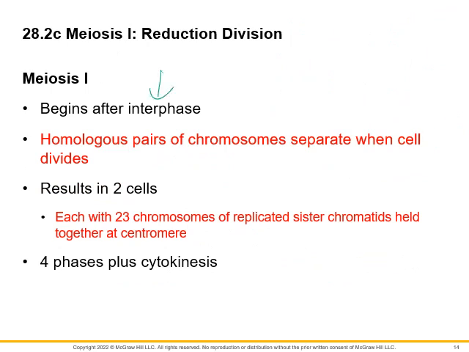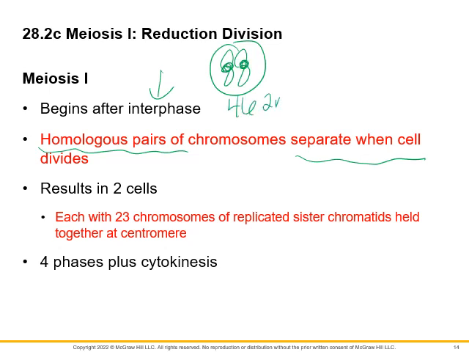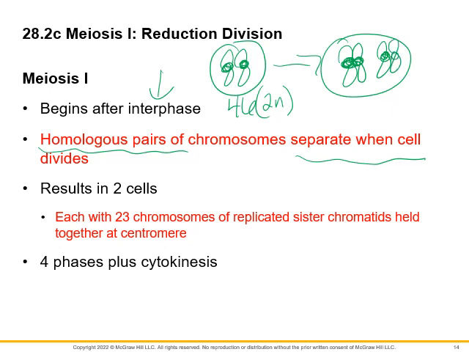Meiosis 1 begins after interphase. This is when homologous pairs of chromosomes separate. So what did we do? This is what we started with, right? We started with this diploid chromosome, two of everything. Then we said we copied. So now we have this and this and this.